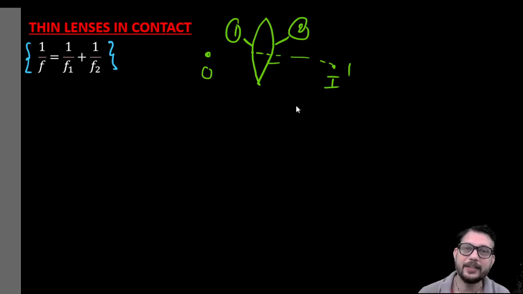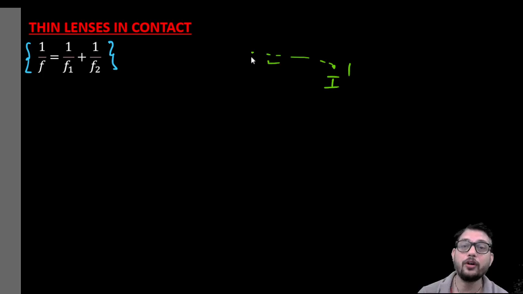It means the image of the first surface will be the object of the second surface. The same concept we are going to use here.